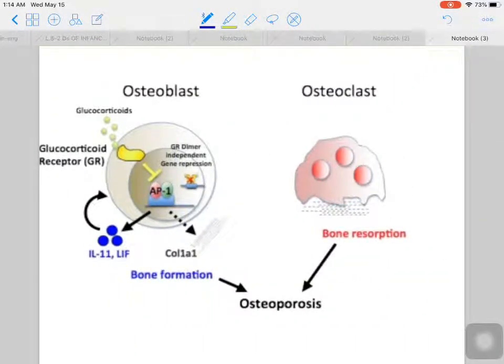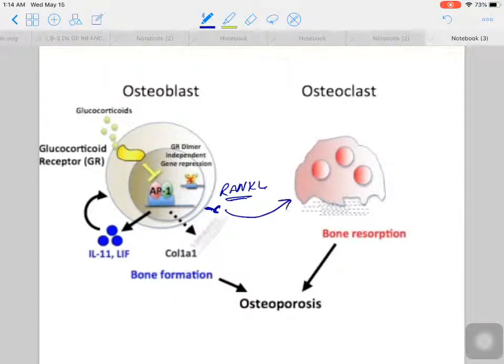Another presentation is that, for example, one person is using excessive glucocorticoid or steroid drug, so there is excess activation of the osteoblast to express more surface ligands. That is the RANKL.